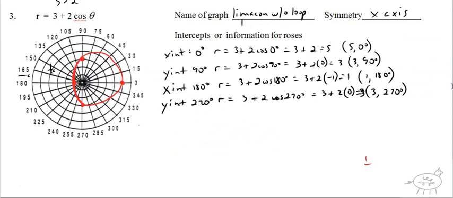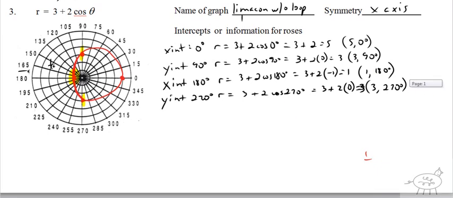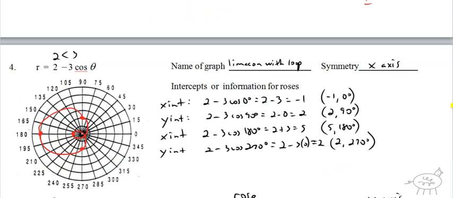Go down to the next one and notice these 3 dots. You got one here, and this one's kind of pushed out a little bit. Okay, so that's a limaçon without a loop. And then let's do one more here. We come down to this guy, and this one is 3 dots, and this one's pushed in. And that pushed in means you get a loop. Okay, just to have you guys understand a little bit what it looks like for the different graphs.